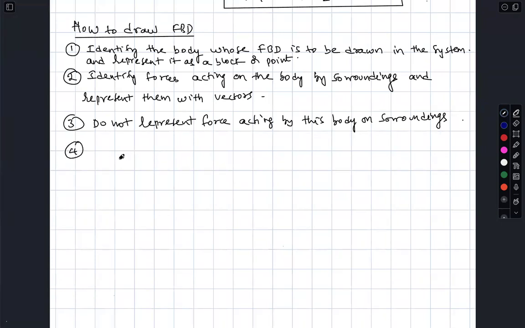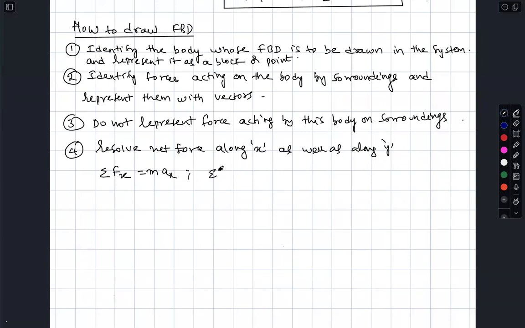4. Resolve the net force along X as well as along Y. Resolve all the forces, net of all the forces, totally along X, totally along Y. Then what happens is, you simply apply sigma Fx is m ax, sigma Fy is m ay, sigma Fz is m az.